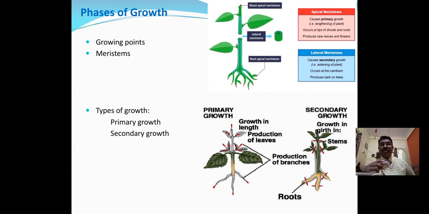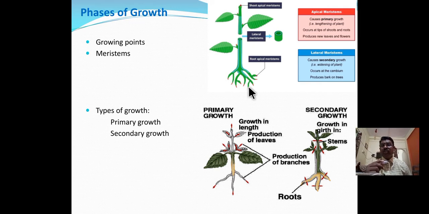The lateral meristem is responsible for the girth of the plant.